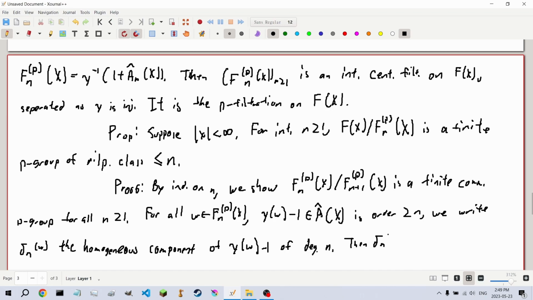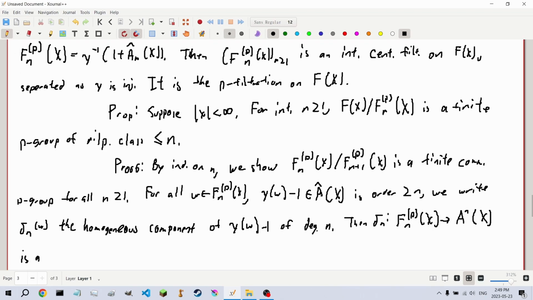Then the mapping delta n from the nth p-filtration of X to the nth graded piece of the free associative algebra on X is a homomorphism with kernel the (n+1)th p-filtration of F. So they're modding out the quotient, modding out the kernel, that is.